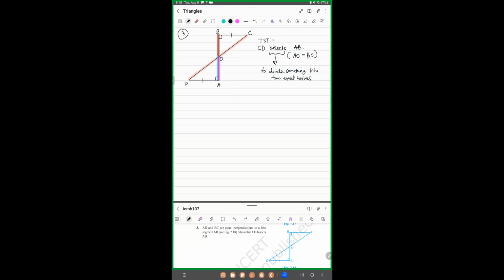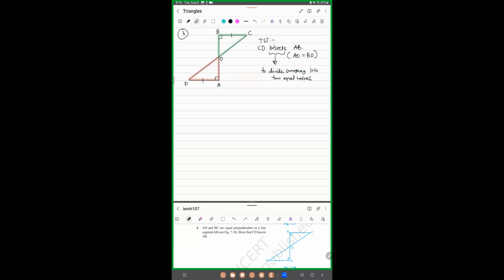Okay. So now we have two triangles. Triangle AOD, this is one triangle. And we have triangle BOC, this is another triangle.